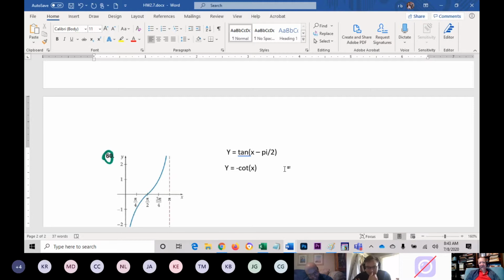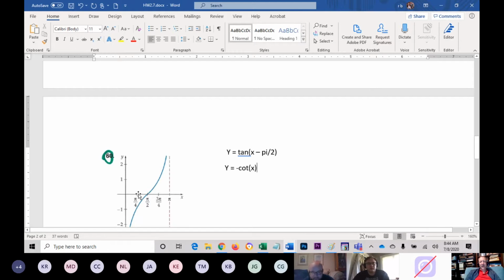So the shift would be wherever the line goes through the x-axis. Is that correct? Yeah, because normally if we're using a tangent function, we're going to go through the origin. Exactly.